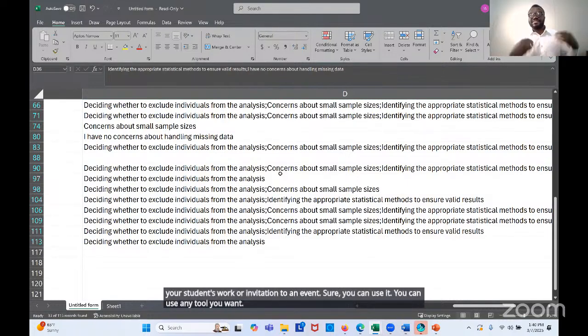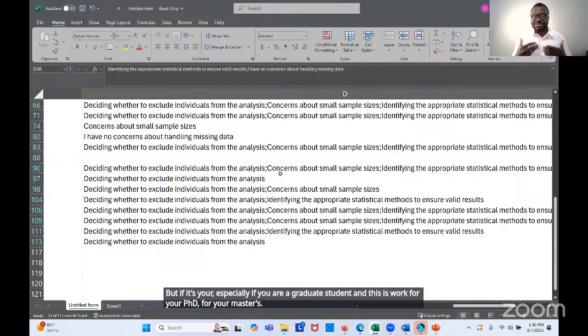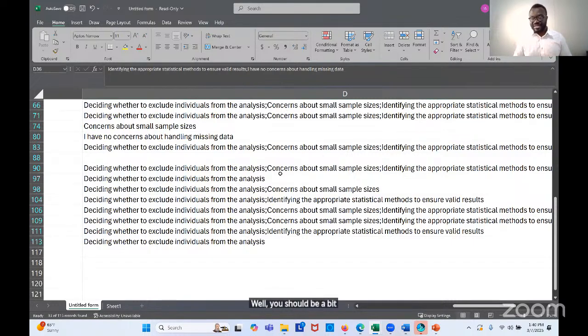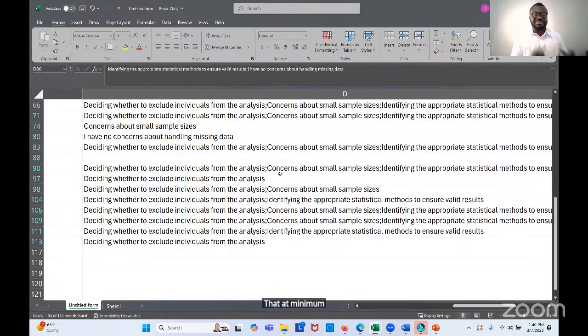But especially if you are a graduate student and this is work for your PhD or master's, you should be a bit more intentional in the technology you use to make sure that it meets minimum standards. Again, it can be whatever tool you use. This is not an endorsement of one tool over the other, but at minimum, it should meet minimum standards for valid data capture.